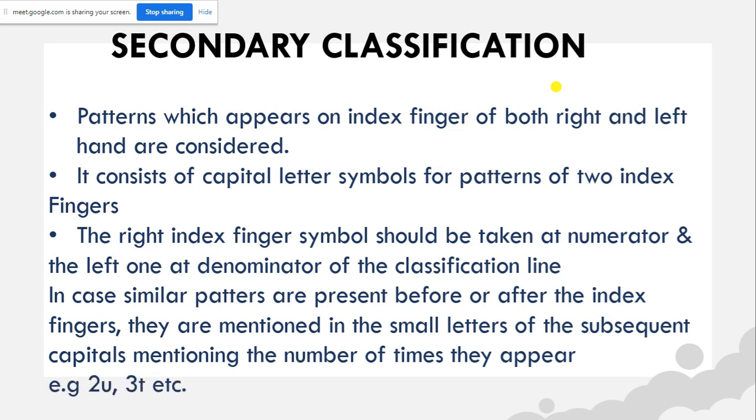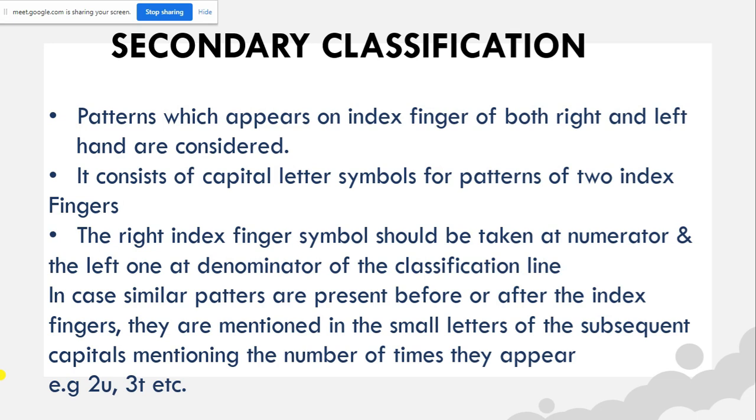Such as, if the index finger has an ulnar loop, we put a capital U, and if it is also followed by two more ulnar loops on the middle finger and the ring finger, what do we write? We write capital U followed by two small u, because a capital index ulnar loop is also being followed by two more ulnar loops in the consecutive patterns.